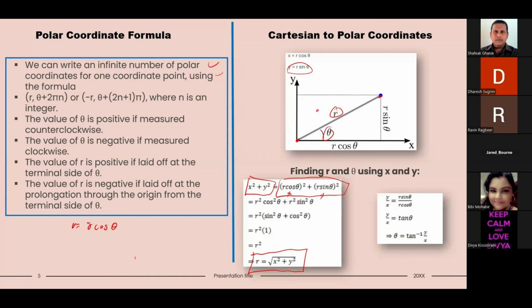So what can we do? Well, we know that r here is equal to this. So whenever we see r here, we can simply substitute it.